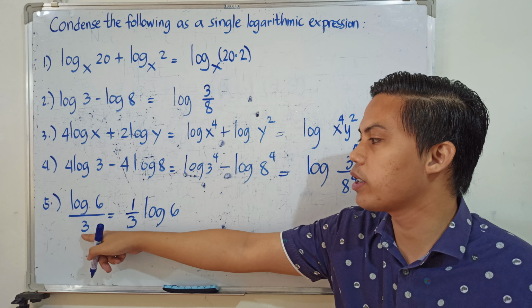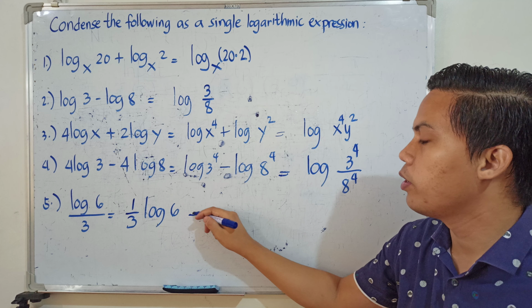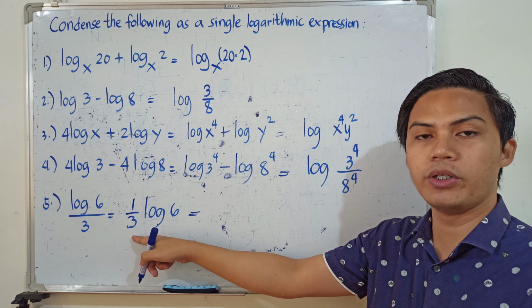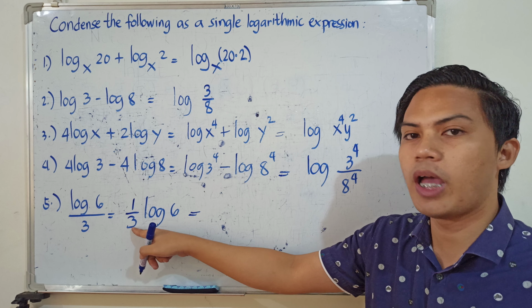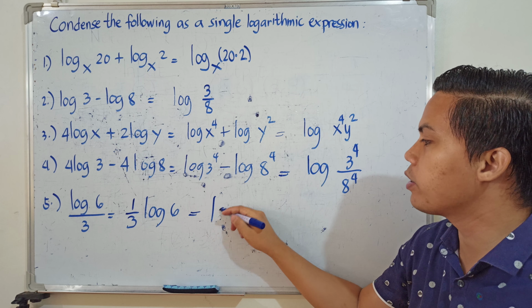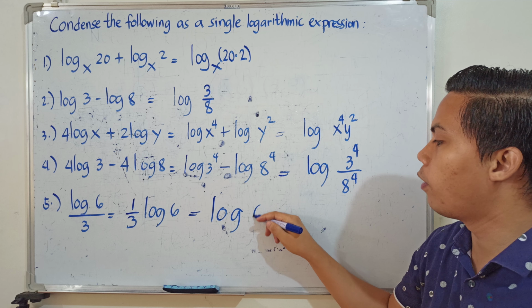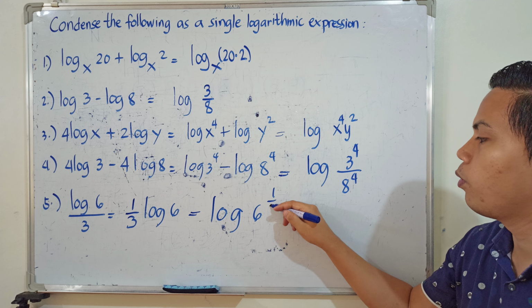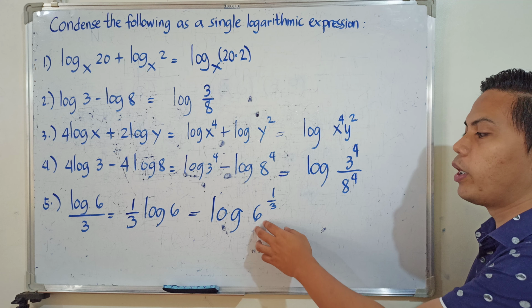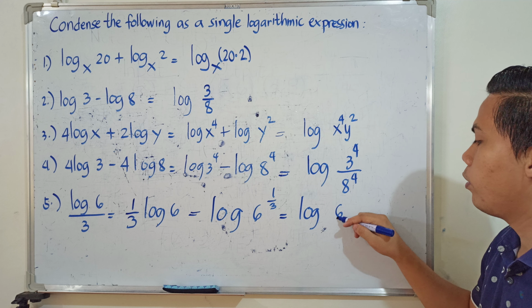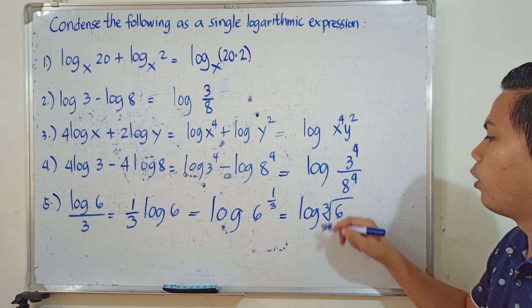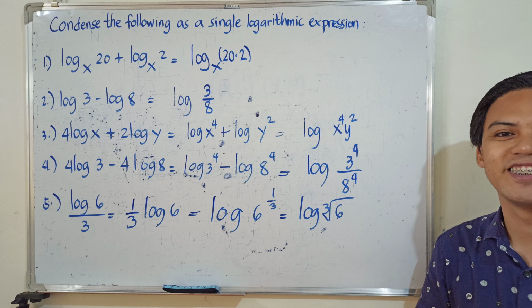Nilagay lang natin siya sa denominator. Since 1/3 is written before the logarithm as a numerical coefficient, then this would be our exponent. So the final answer would be the logarithm of 6 raised to 1/3, or you can have that one as the logarithm of the cube root of 6.